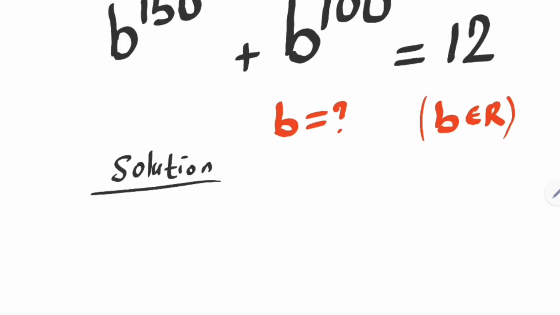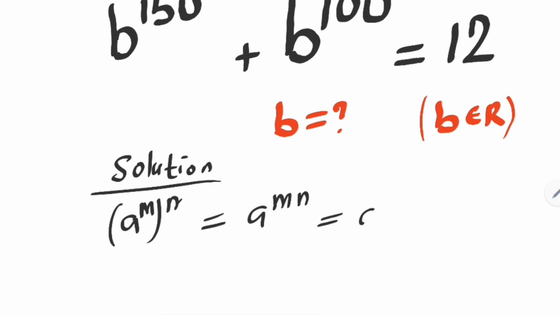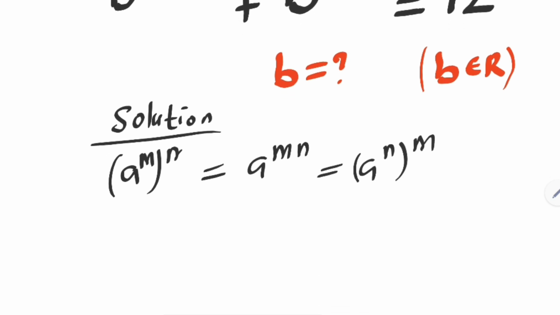If you have a raised to power m to the power of n, it is equal to a raised to the power of mn. This is equal to a raised to the power of n to the power of m.